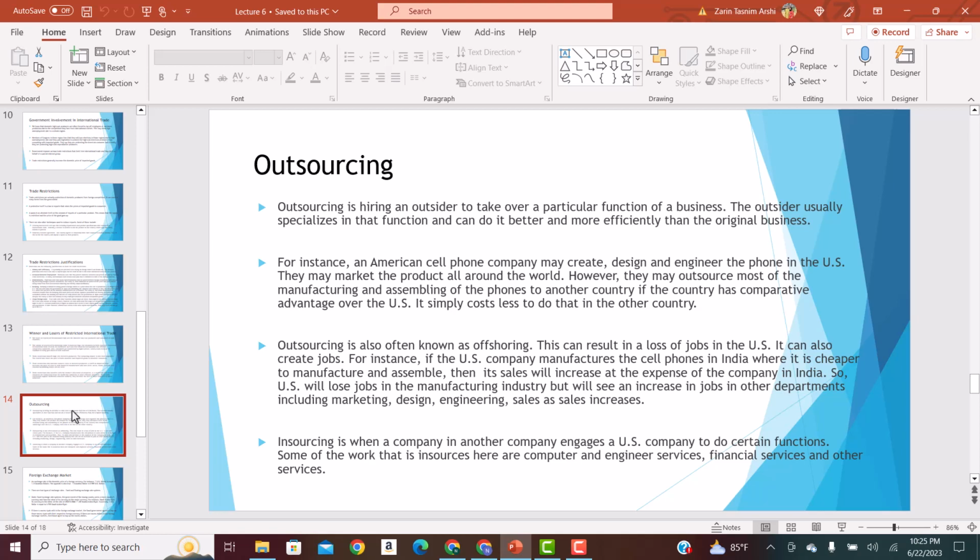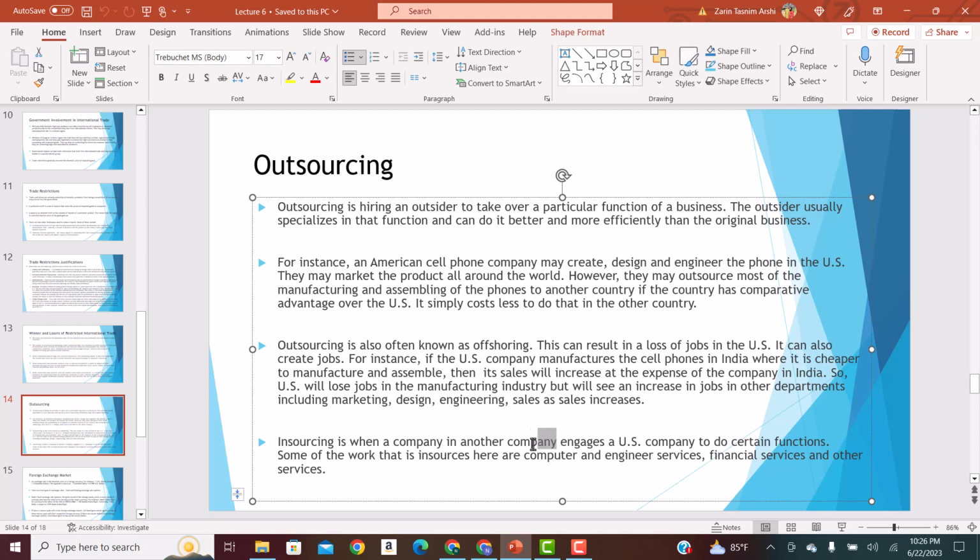Okay. Now, there's also a term called insourcing. Insourcing is when a company in another country engages a US company to do certain functions.